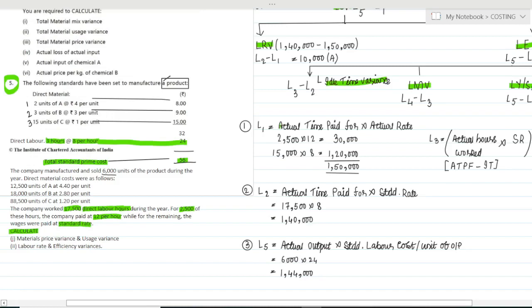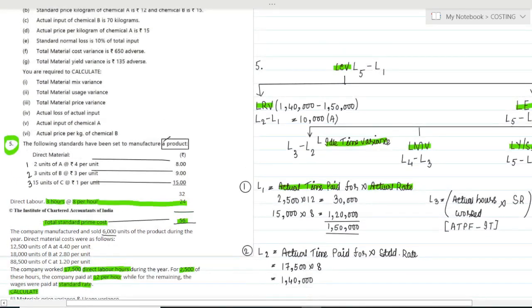So this is the solution. First in this question, I have made the chart. Because in this question you need to first compute all the missing figures. First you have to compute all the parts, L1, L2 and L5.